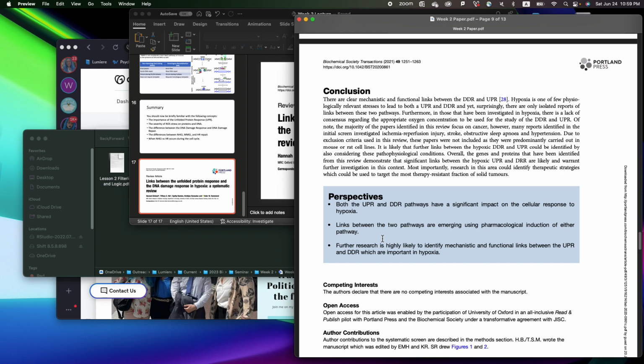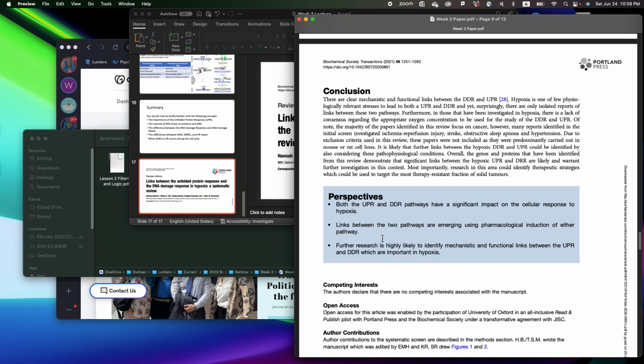So the main takeaways of the paper are that both the UPR and DNA damage response pathways have a significant impact on the cellular response to hypoxia. So if these pathways are damaged at all, then the response to hypoxia is going to be dampened.